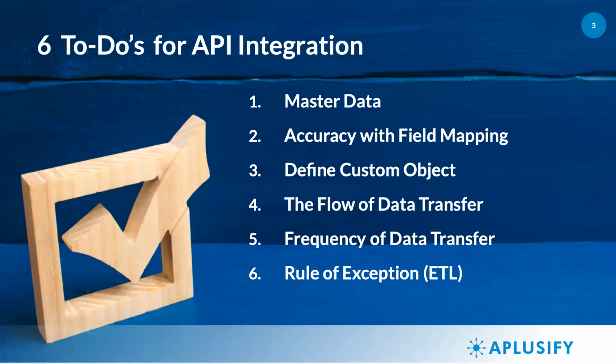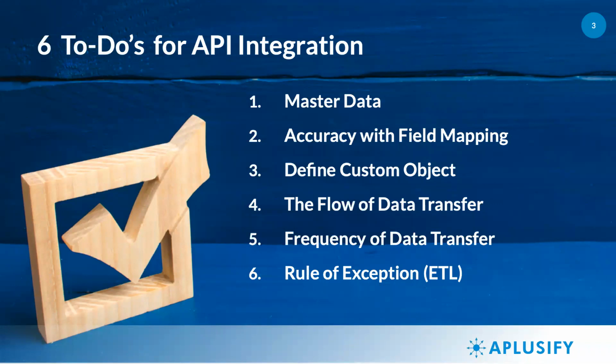Now moving on to flow of data transfer. Since we are talking about data and the flow of data, it's important to understand whether the flow of data is unidirectional, which means it just flows from your source data source to the target data source, or is it bidirectional, which means it flows and comes back to your system as well.